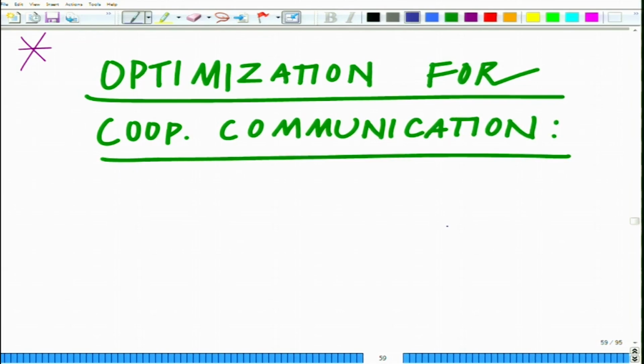What we have is a source, a relay, and a destination. So, this is my source, my relay and destination.